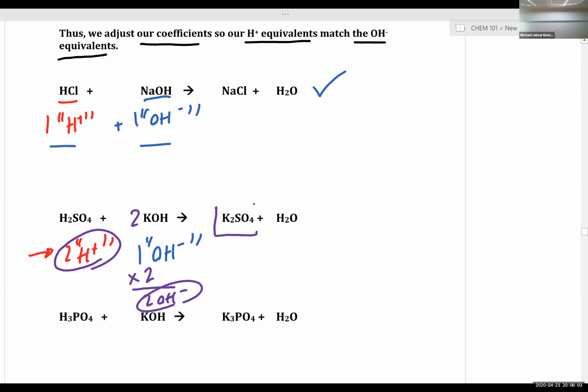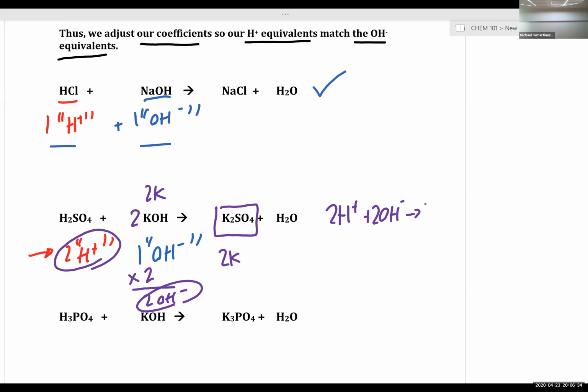Another trick is if you look at the salt and we know that we have 2 potassiums in our salt, we also need 2 potassiums from potassium hydroxide. Now we still have to balance water. Remember how we said the equation is H+ plus OH minus leads to water? So if we have 2 H+ and 2 OH minus, how many water molecules will we make?